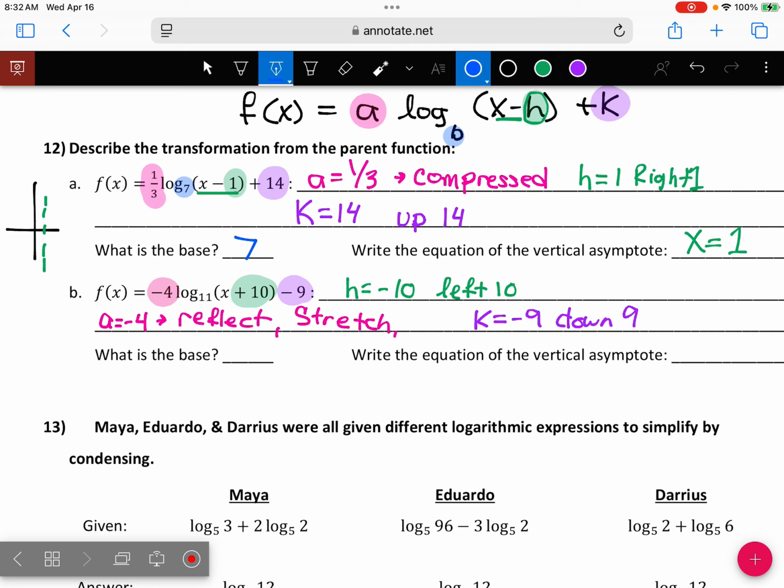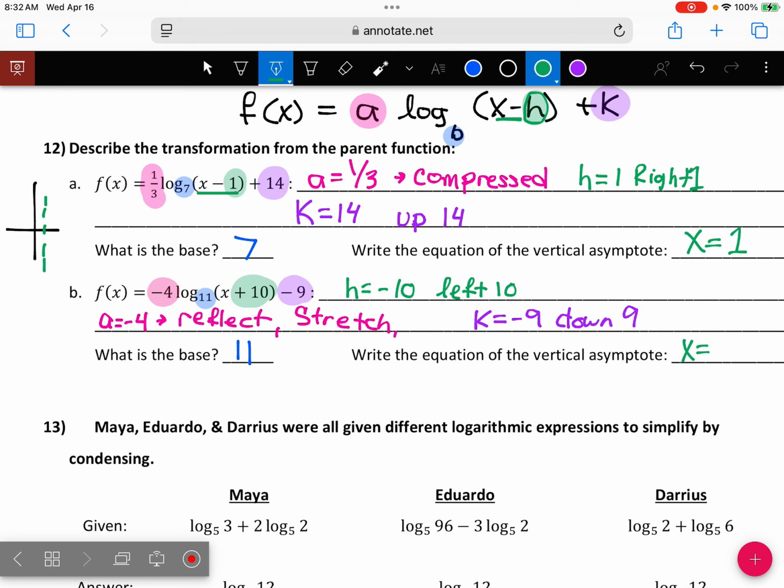So for part B, let's answer those same questions. What is our base for part B? 11. It's that guy down here. It's the thing we're going to use to get started on graphing. And what is our asymptote going to be on this one?